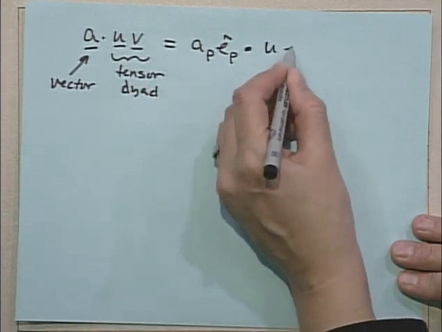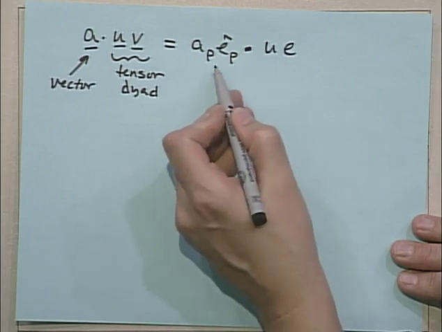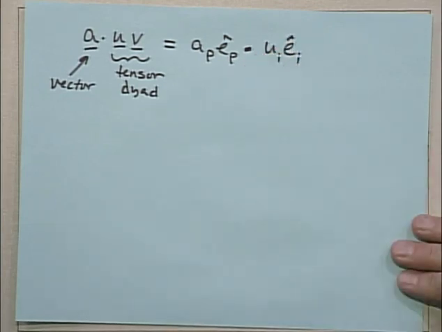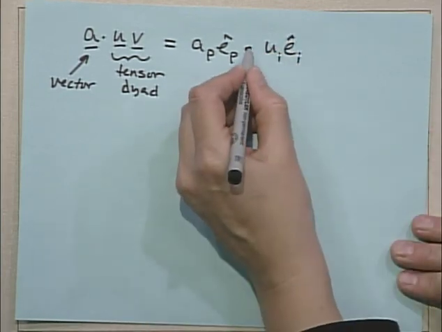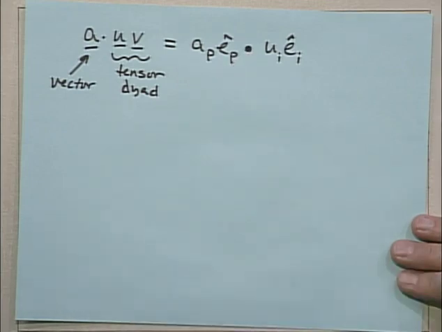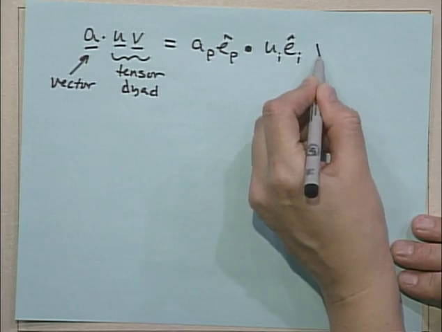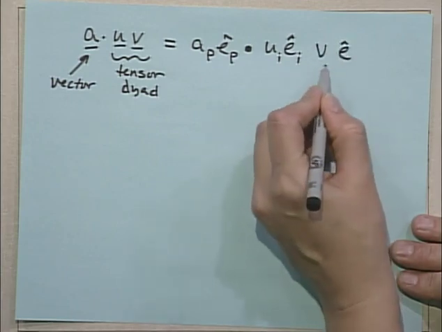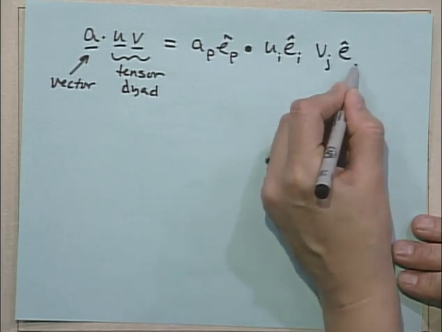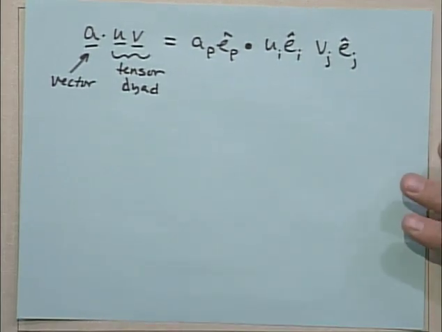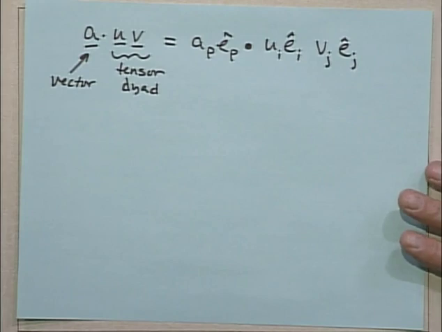It's U_I E_I, and I'm not going to pick P. I've already used P. That summation's been used, so I pick something else. Let's say I. So this dot is getting bigger here. I keep trying to make it circular. There we go. That's the dot. And then no dot, the V E. We need yet another letter. Let's do J. V_J E_J.